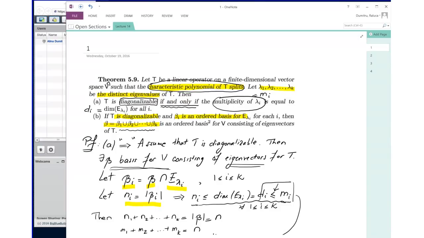If it splits, you move on, right? You move on where? You make a list of all the distinct eigenvalues. For each of them, you find the eigenspace, right? You find the dimension of each eigenspace. If for every eigenspace, the dimension equals the multiplicity of that eigenvalue, where it came from, you're done. It's diagonalizable. If you find one where this fails, you're done again. It's not going to be diagonalizable. Make sense? Do you want to see an example? Yeah?